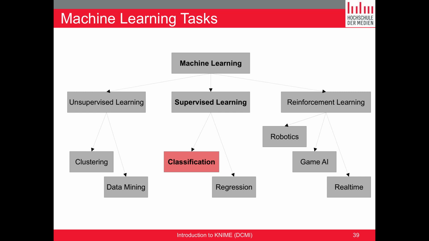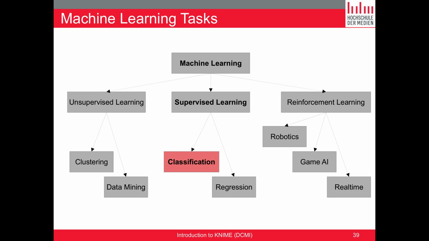Supervised learning is something like classification, which is very often used, and we will also use it here in our example, where you have a lot of data and want to classify the data, for example, into genres with good sales in contrast to genres with not so good sales, or something like this, to stay in this example.